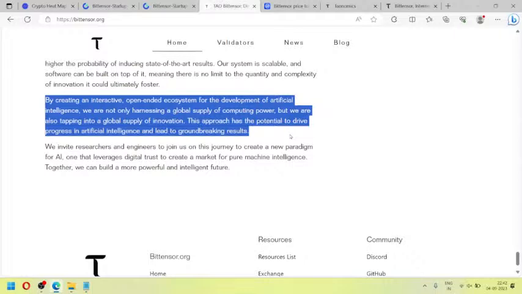They are inviting you to join their ecosystem and build together. If you're interested, you can join. And with the help of artificial intelligence, they are becoming like another Bitcoin.